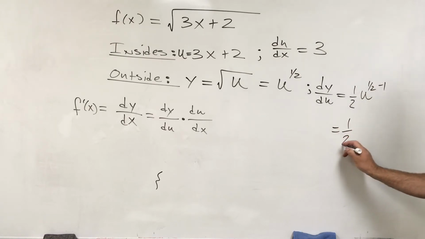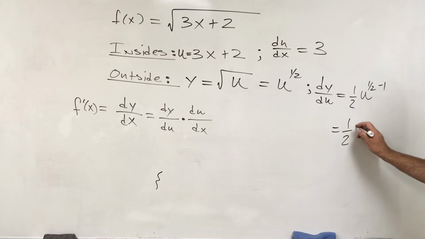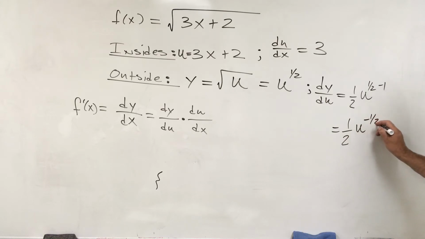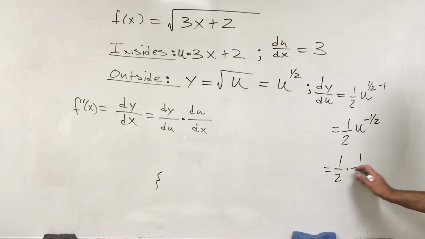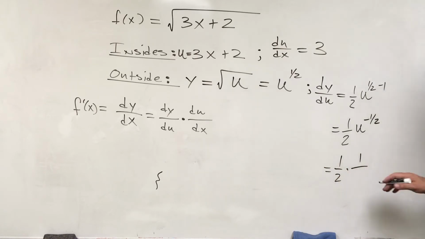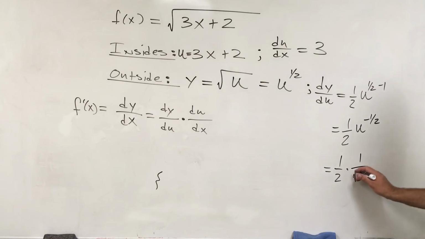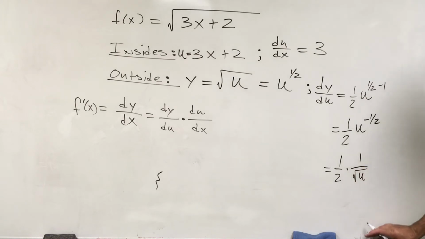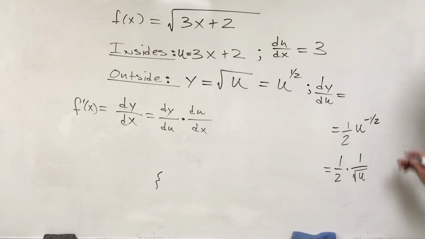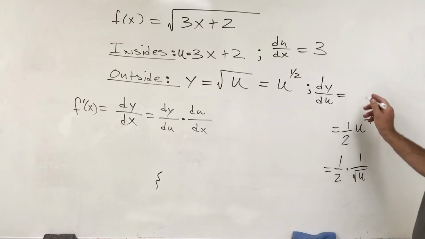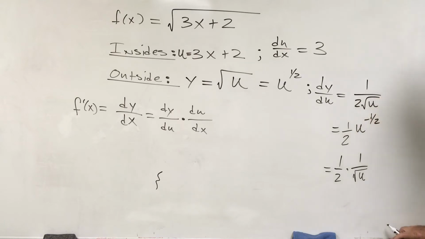So that's 1/2 u to the negative 1/2. 1 over 2 times 1 over u to the 1/2. u to the 1/2 is root u. So we have 1 over 2 root u.